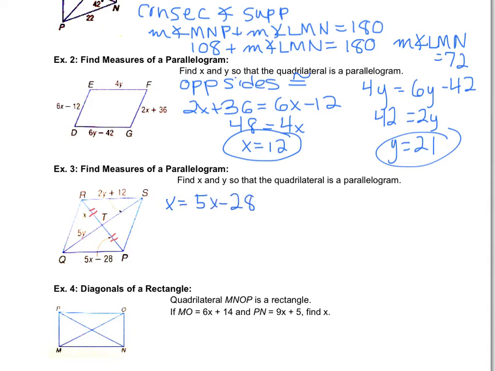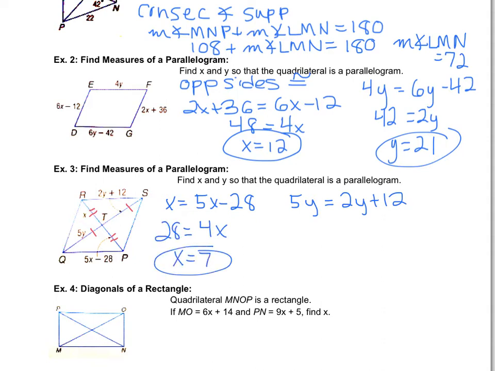And also, I can go back to the diagram, and 5y is the same as 2y plus 12, because that's QT and TS that are the same. So now we just need to solve. We get x is 7, and over here we get y is 4. 7 and 4.